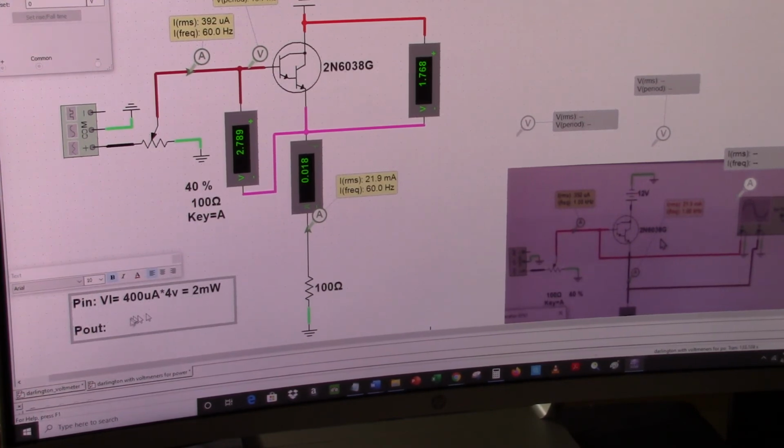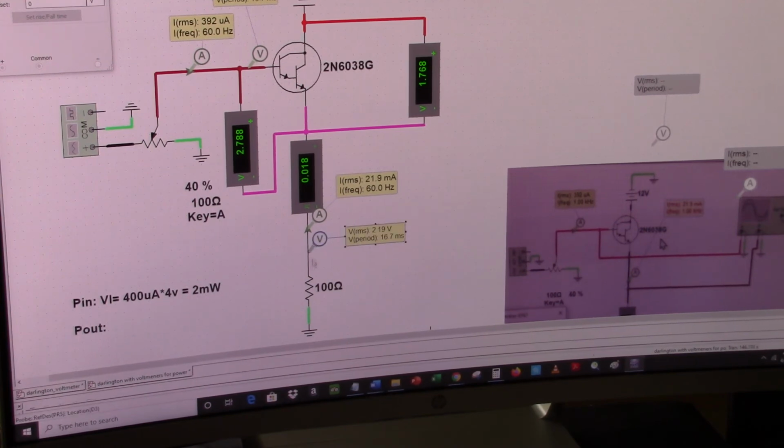Okay. And on the output also I need to put a voltmeter. So just put a probe right here, and I'll put those numbers right here. It's 21 milliamps times 2 volts, and that's equal to 42 milliwatts.